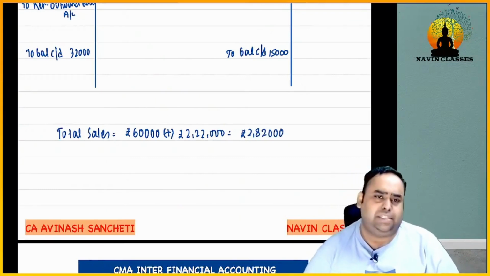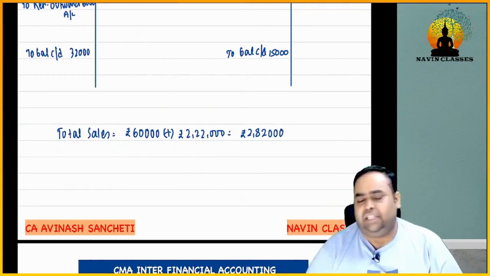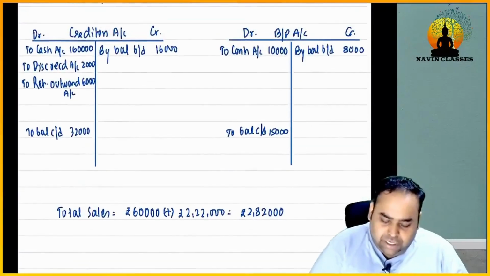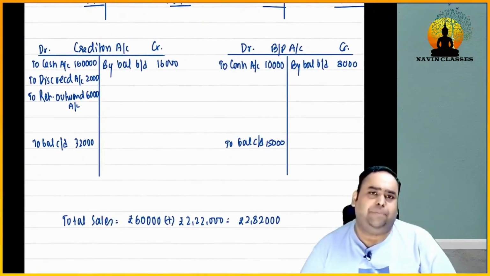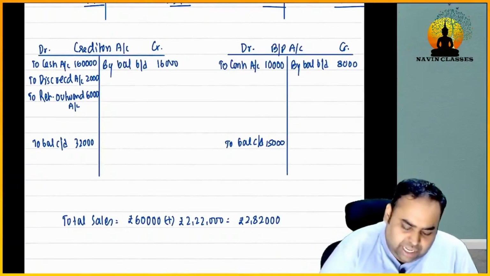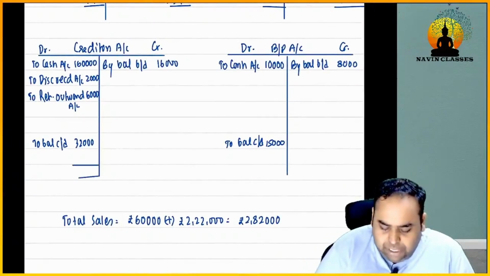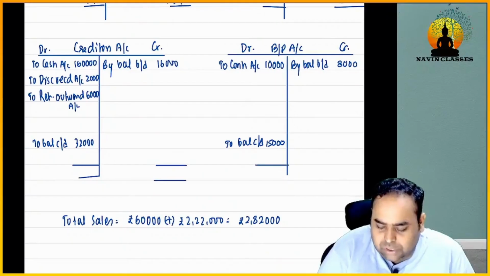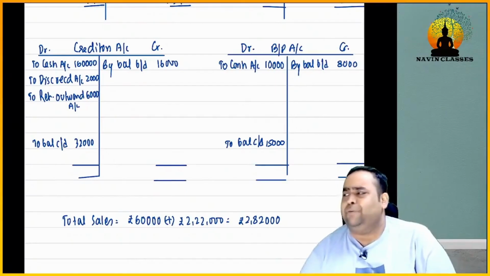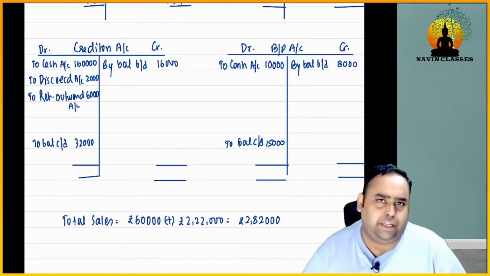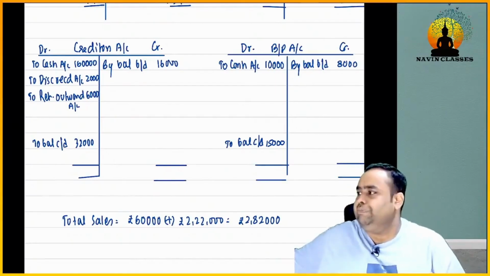It's total sales. So students, in this same way, by closing the bills payable and creditor accounts, would you be able to calculate the credit purchase? I already taught you for debtor. You can try it yourself in bills payable. So please do it.